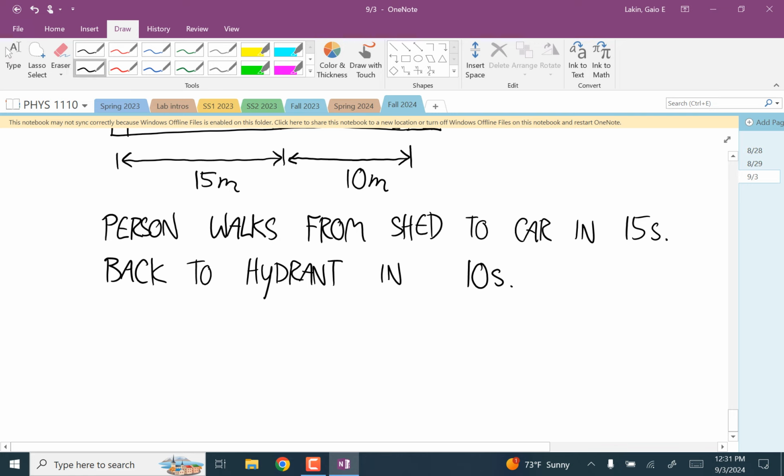And we want to draw a position versus time graph. And we're going to do it for two different cases.